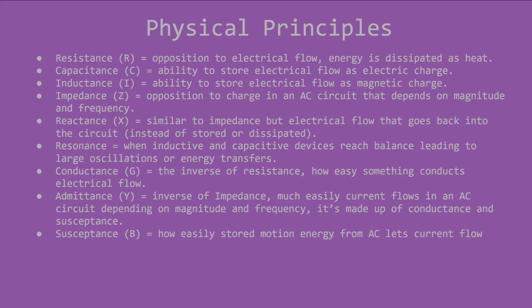Now, there are a number of very important physical properties of circuits I need to mention. We've talked about resistance, which is the opposition to electrical flow, which dissipates as heat. Then there's capacitance, which I've also mentioned, for electric charge. And then I've also mentioned inductance, which is the ability to store electricity as magnetic charge.